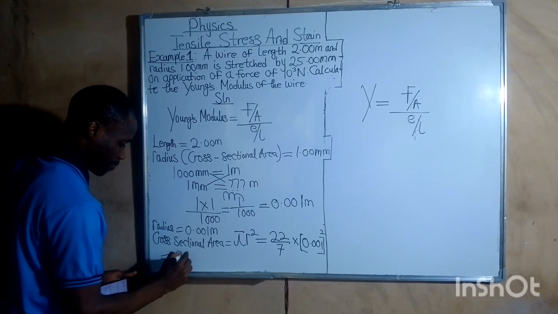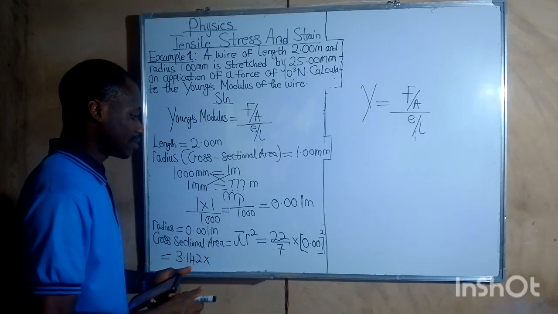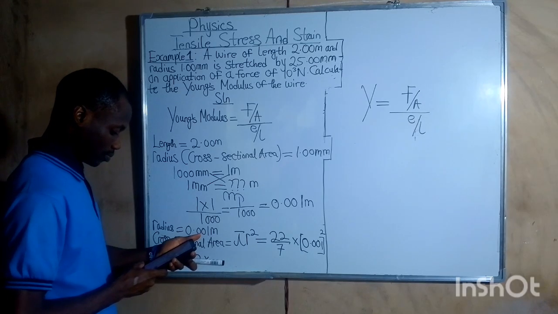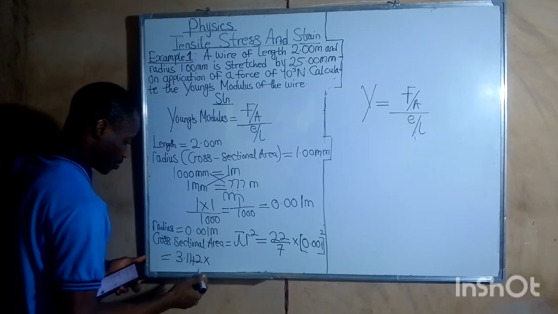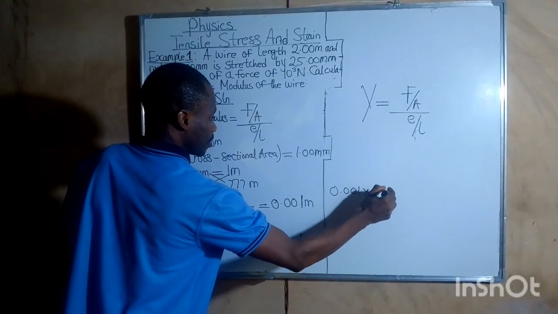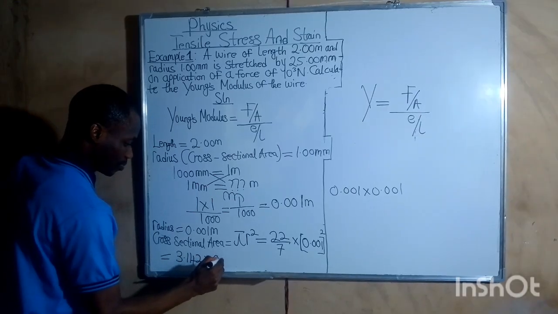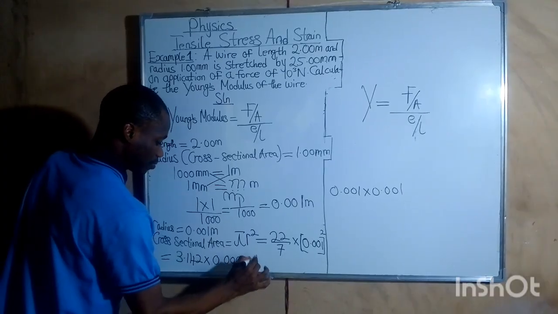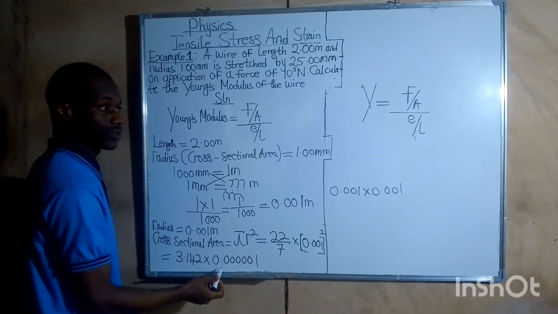Then times the square of 0.001, which is 0.001 times 0.001. What did you get? 0.000001, right? Yeah. Good. So when you square this, that is what you get.